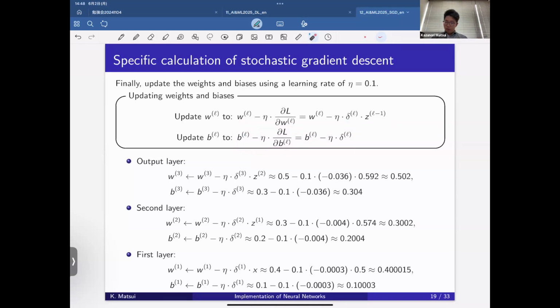So we calculate like this. Since delta is known and Z was already calculated during forward propagation, the numbers are already determined. So we just calculate it. Here, when we calculate with learning rate 0.1 for W3, we should calculate W3 minus eta times delta 3 times Z2.